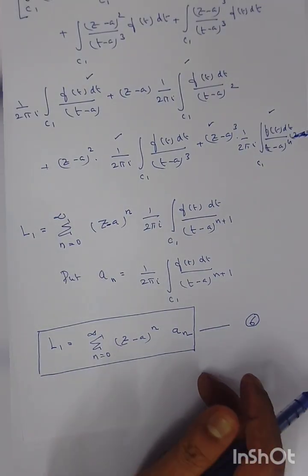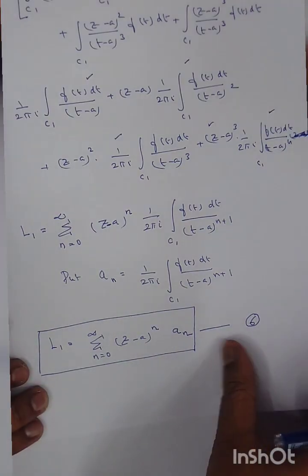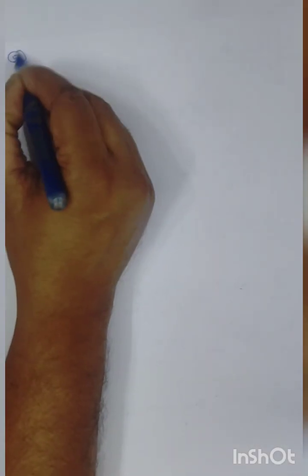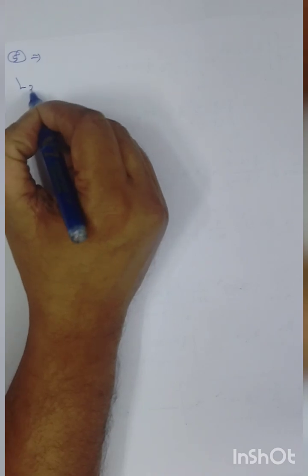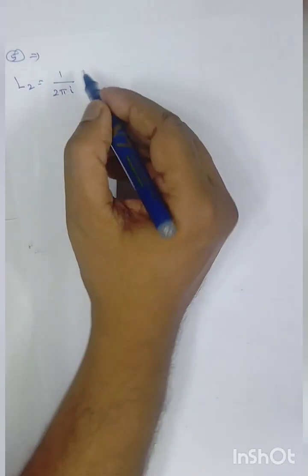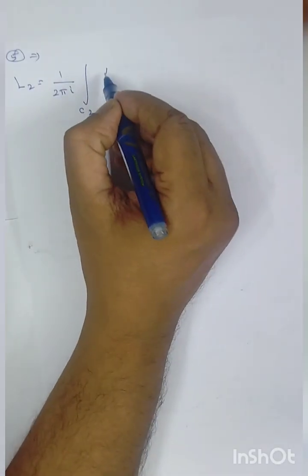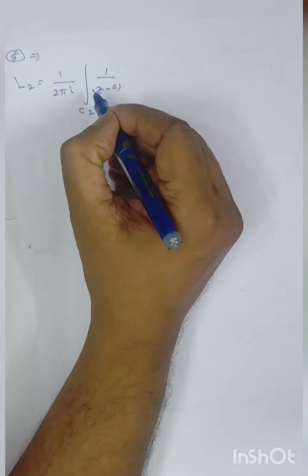In a similar way, we should calculate for L2 also. We know L2, now the equation number 5. From equation number 5, L2 is equal to 1 by 2 pi i, the integral over C2 of 1 by z minus a.